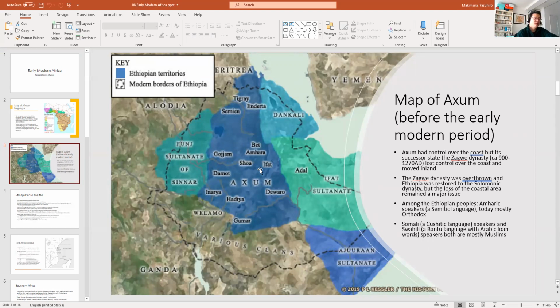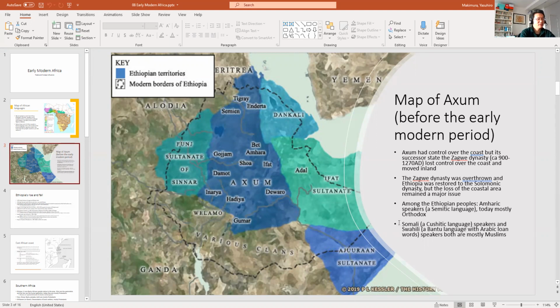So, who are the people of Ethiopia? The leading peoples are the Amharic speakers, which is a Semitic language, and they are mostly Orthodox. But Ethiopia has a lot of other people in it, and some of their neighbors include people like the Somalis, and there are some ethnic Somalis living in modern day Ethiopia, as you can kind of guess.